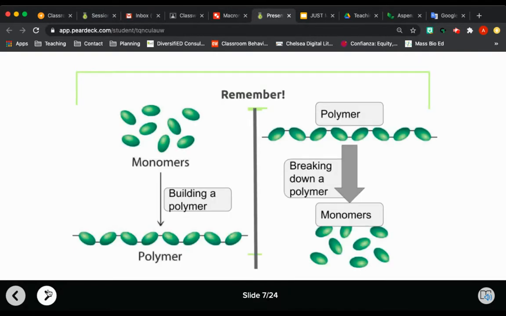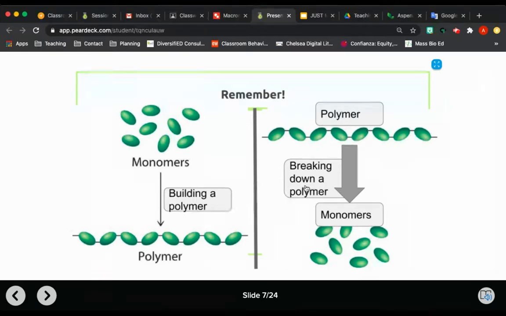So if you remember, monomers are one single unit, a building block, one block. And to build a polymer, you just put all the building blocks together. So these are all in our body, and they make different things by being put together.